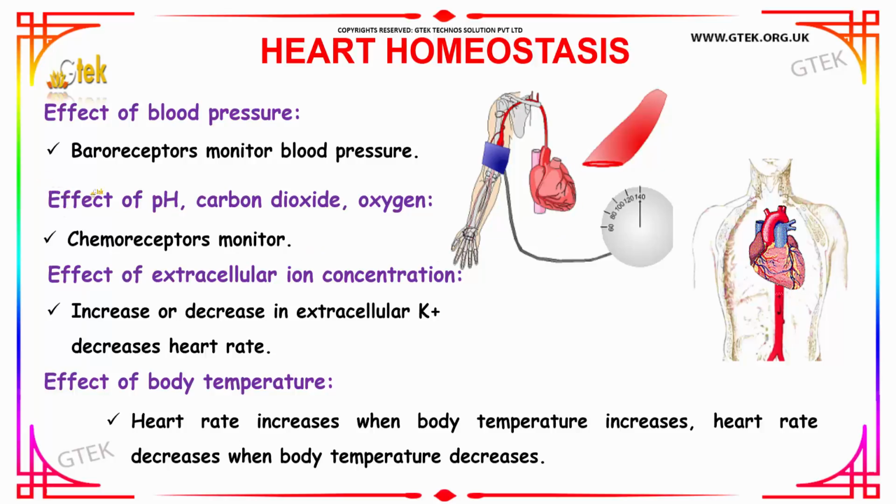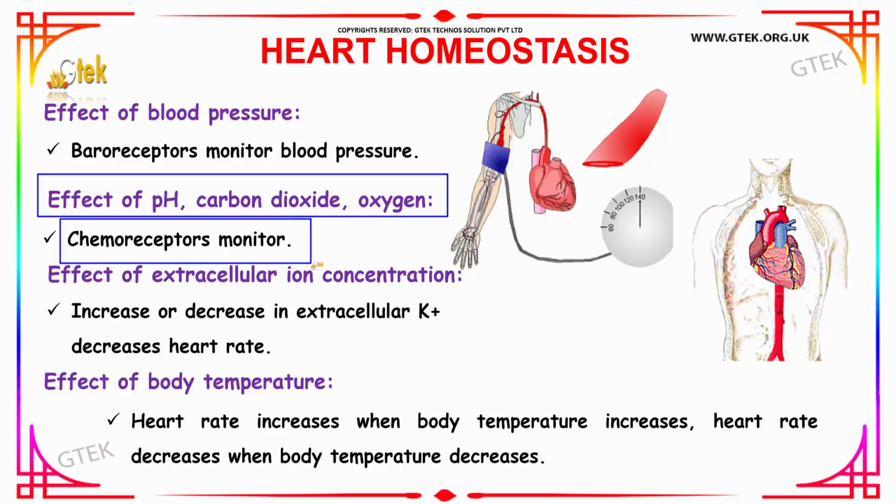The effect of pH, carbon dioxide and oxygen can be determined by the chemoreceptors, which monitor the effect of the pH, carbon dioxide and oxygen.